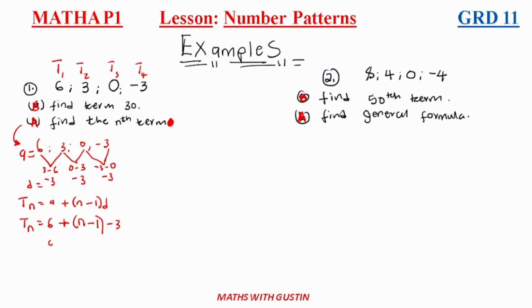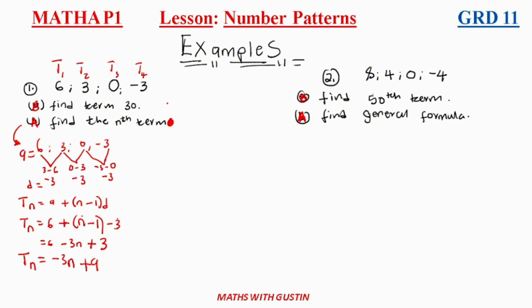So we remove the brackets. -3 times n is -3n, and -3 times -1 gives us +3. To simplify, we say -3n, and 3 plus 6 gives us +9. So Tn is equal to -3n + 9.